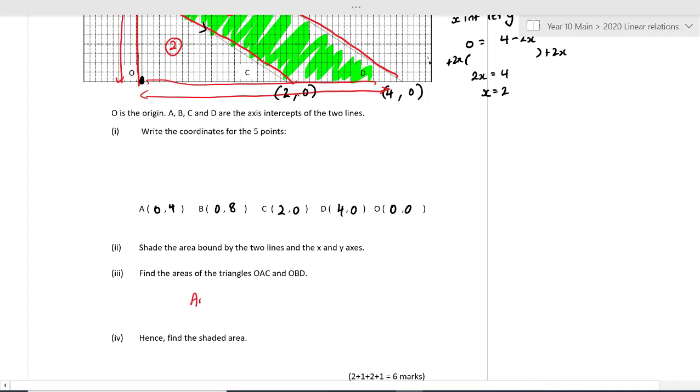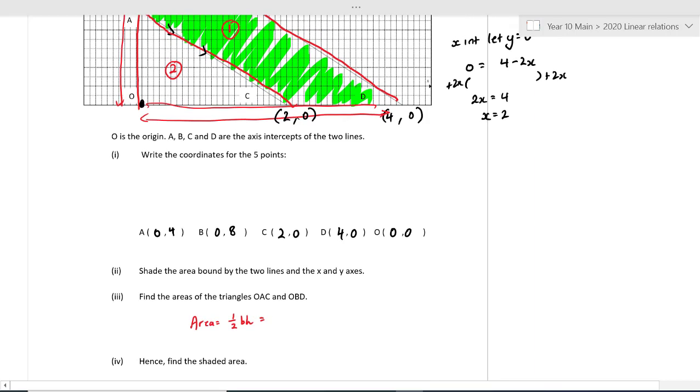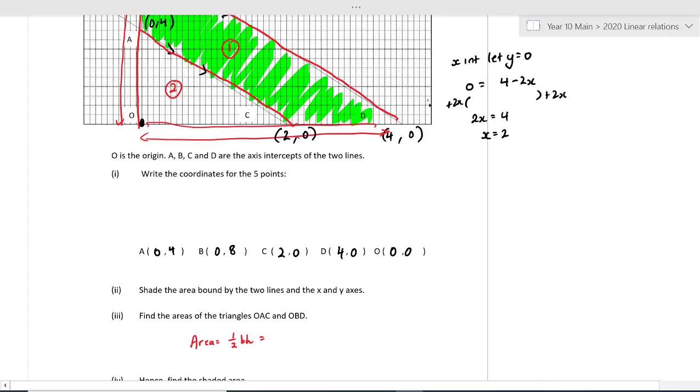The area of a triangle, by the way, is a half times the base times the height, hopefully you remember. And for triangle OAC, that area is a half times the base. What's the base?